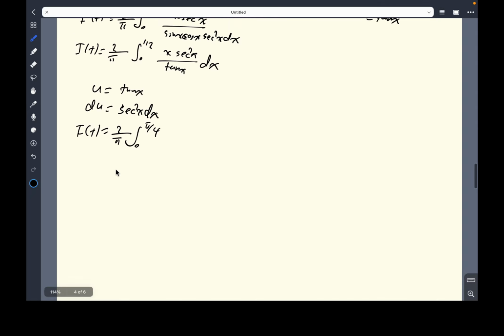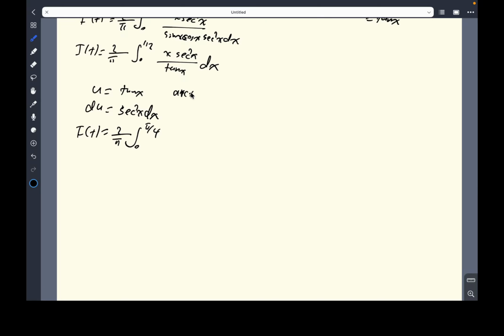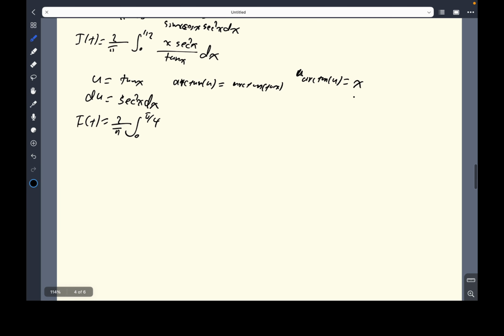If I do all the substitutions here, and if I take arctan of both sides of this equation, I'm going to get arctan of tan x, yielding arctan of u to be x, because arctan of tan x is x.